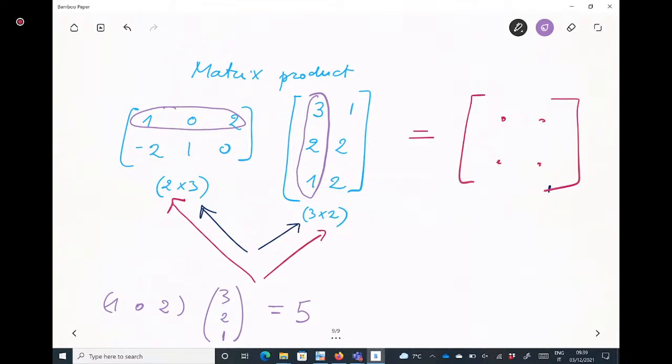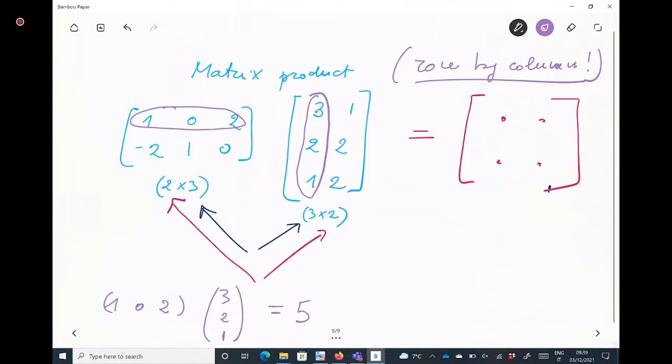Now, remember that we compute the matrix product row by column. If you remember this, you understand immediately how the product between matrices works.